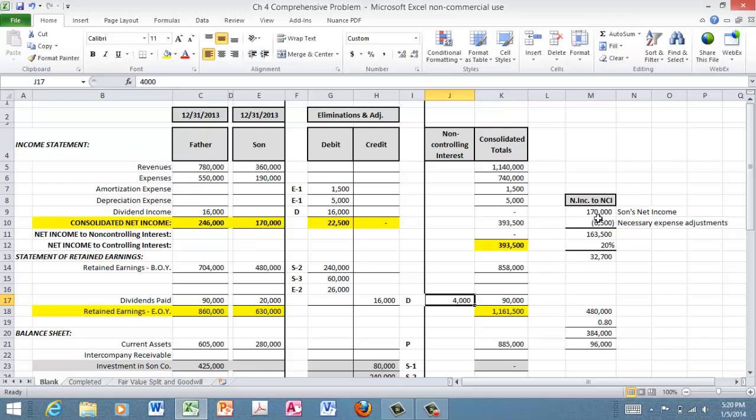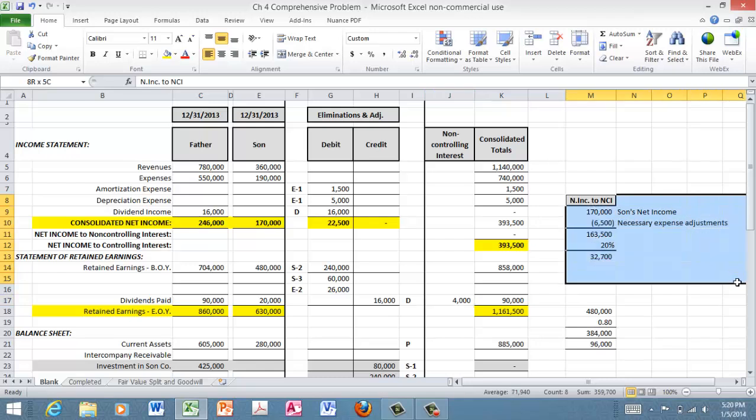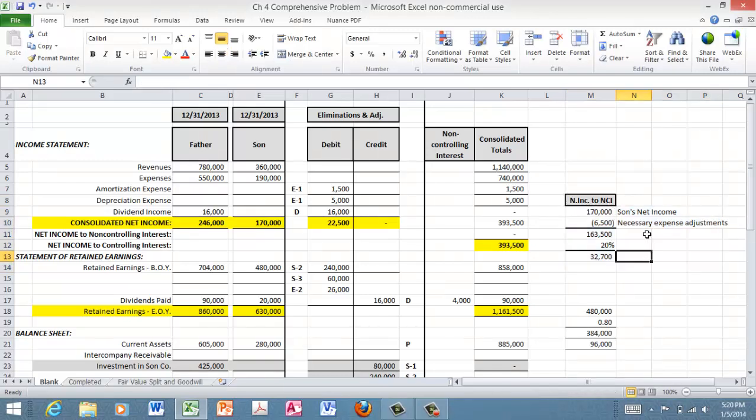Now, the next thing I want you to look over here in this section. I've detailed out this net income to the non-controlling interest, NCI. So what was Sun's net income pre-consolidation? It was $170,000. You can see where I'm getting that number right here. Now, there was the $6,500 of necessary expense adjustments, which are the sum of these two, and that brings them down to 163,500.